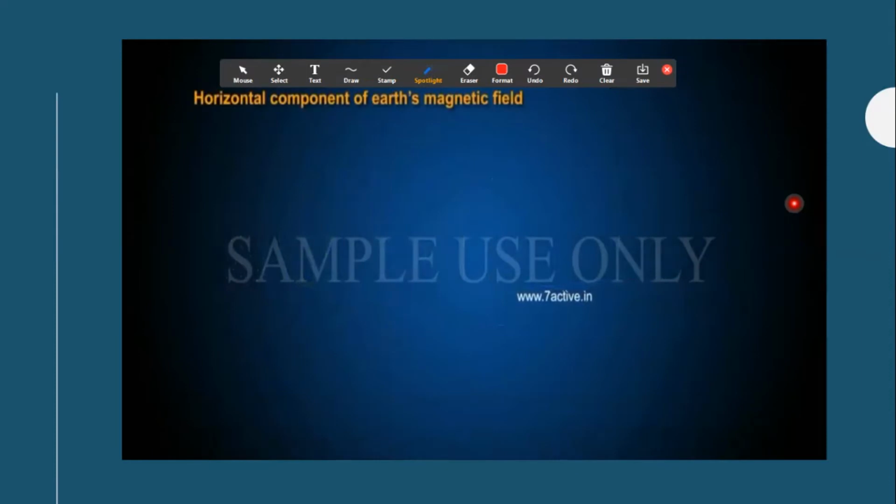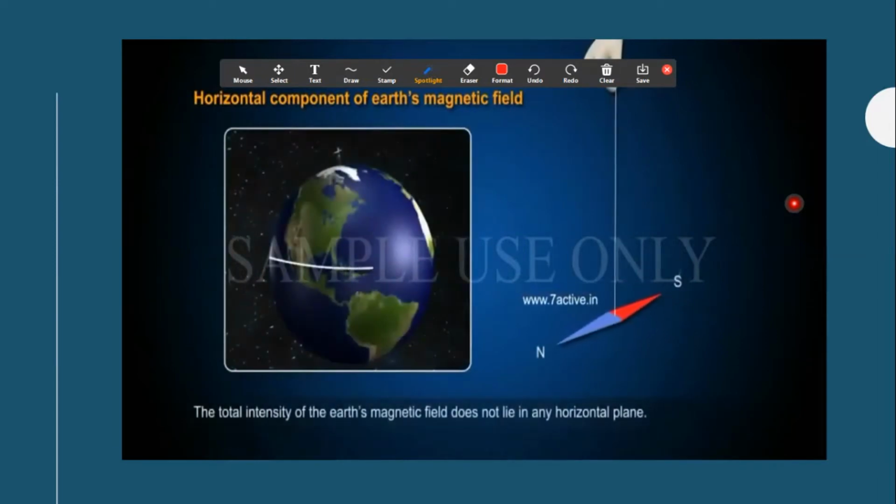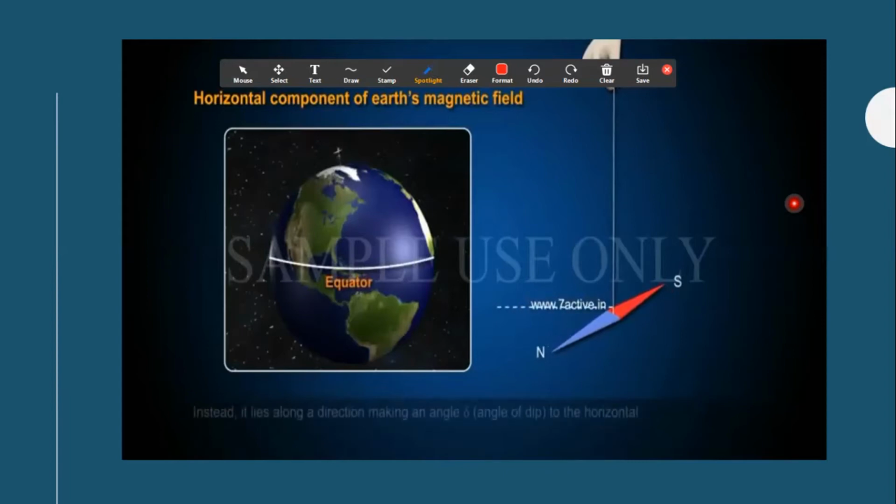Horizontal component of Earth's magnetic field. The total intensity of the Earth's magnetic field does not lie in any horizontal plane. Instead, it lies along a direction making an angle delta, the angle of dip, to the horizontal.